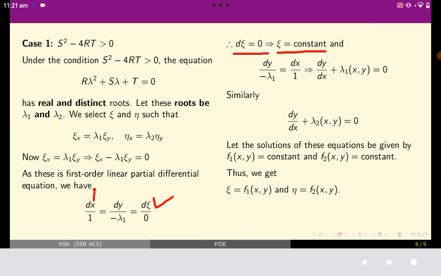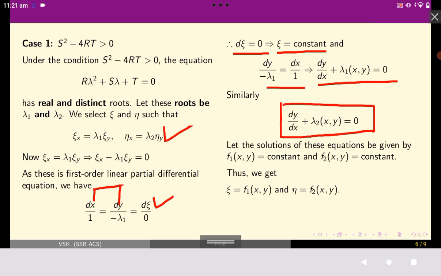Similarly, if we take this second set, we get the second equation, and just as xi is equal to constant, we can find that eta is also equal to a constant.